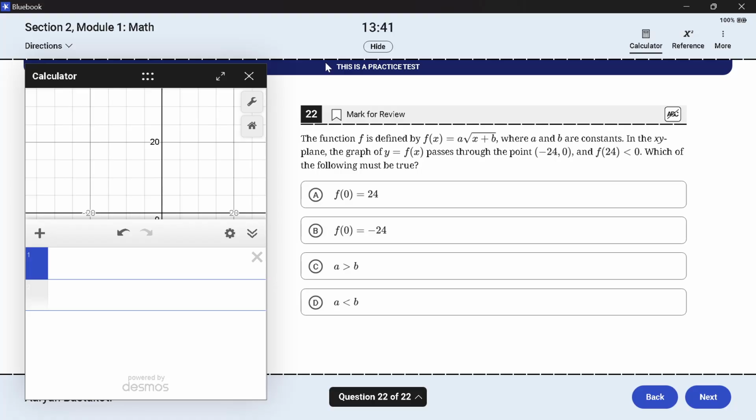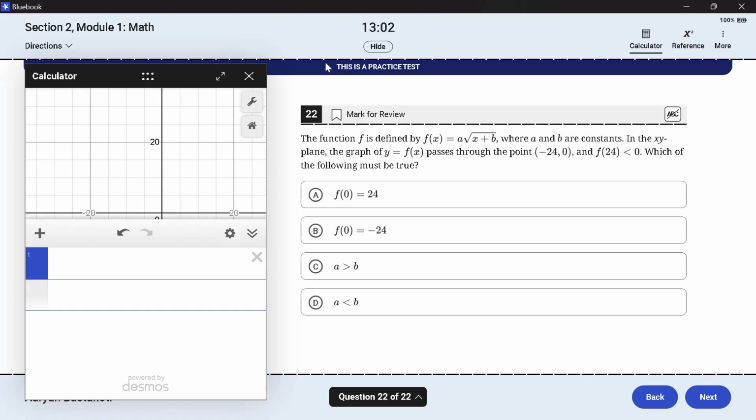And also b can't be negative 24, since root under 24 plus b cannot be 0. Since this value needs to be less than 0, and for the previous equation to be equal to 0, we can infer that b could be 24.